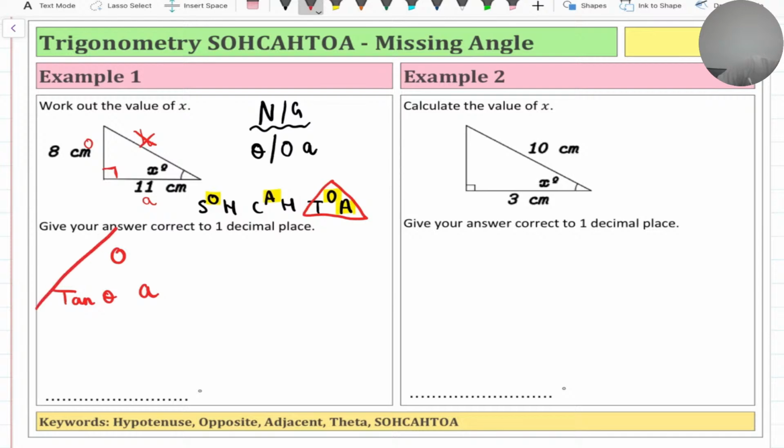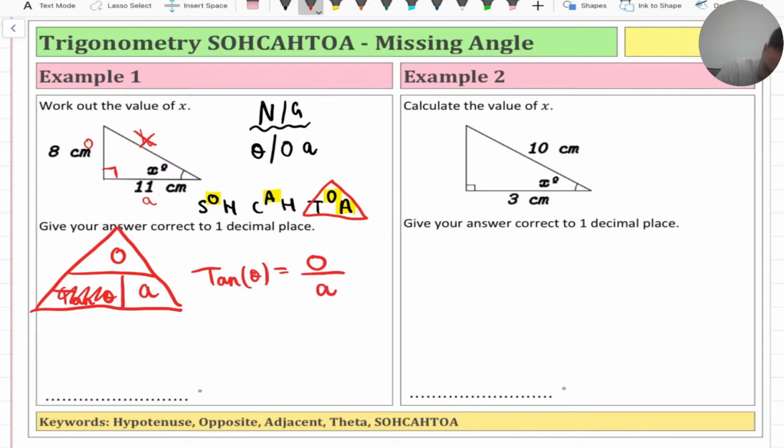And then we draw a triangle like this, and then we cover what we need. The thing I need in this one is the angle, so I'm covering the tan of theta, which gives me my formula. Notice the O is over the A. So tan of theta is equal to opposite over adjacent. We picked tan because the two are highlighted.